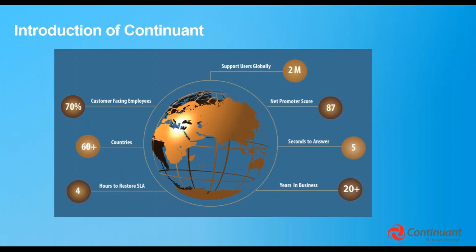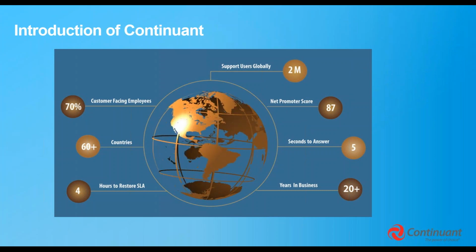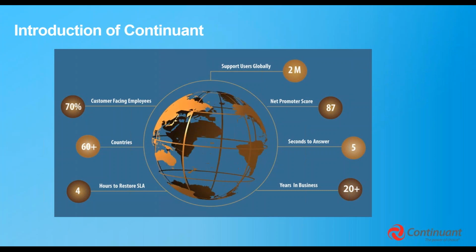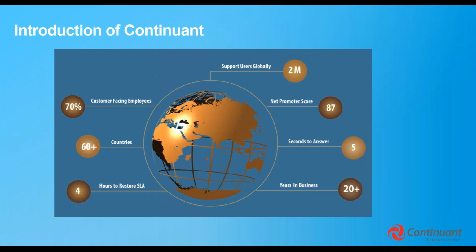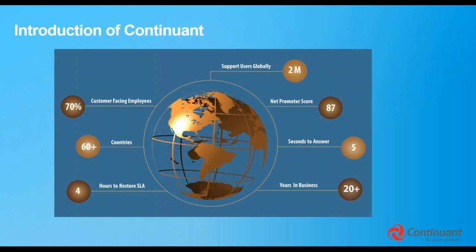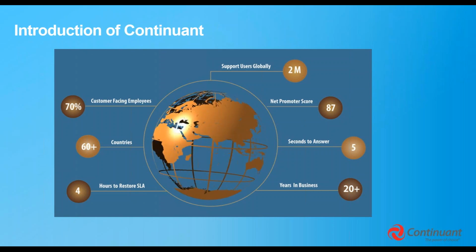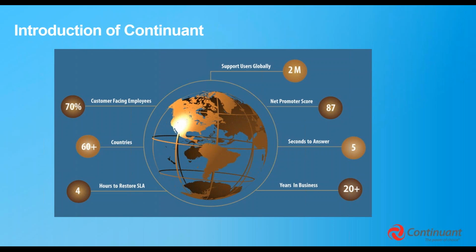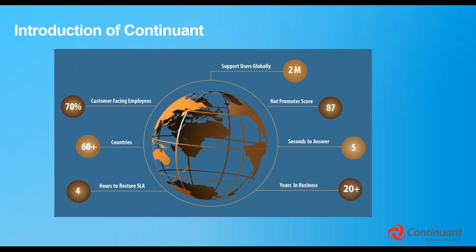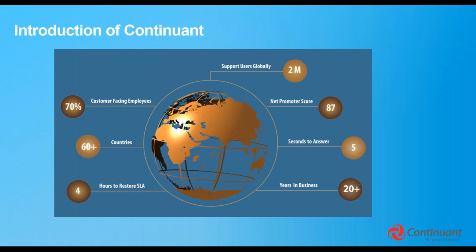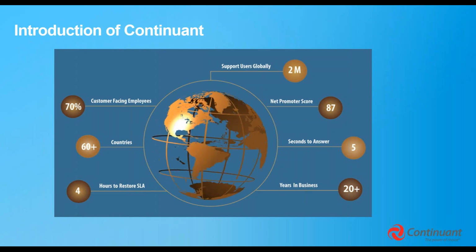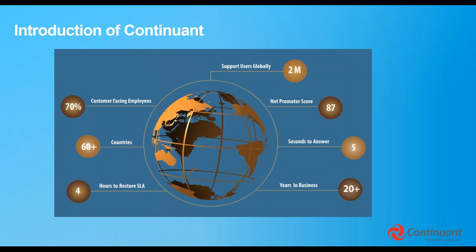So Continuant is a managed service provider based out of Seattle, Washington. They have been in business for 20 years. They support 2 million users globally. Their customer-facing employees and their net promoter scores are pretty much on the high side.